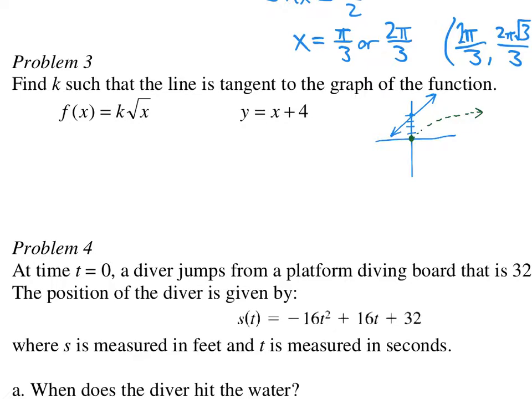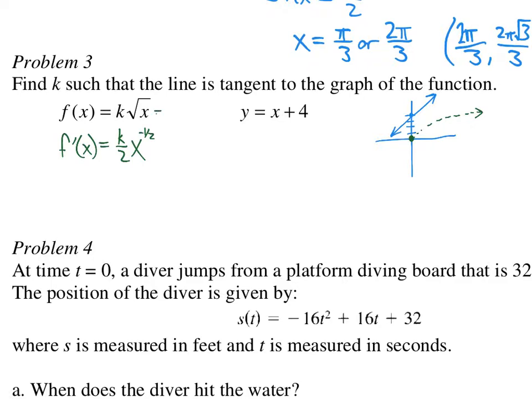Okay. So you're saying find the derivative. So f prime of x. Do you guys know what f prime of x would be here? K over 2 times x to the negative 1/2.